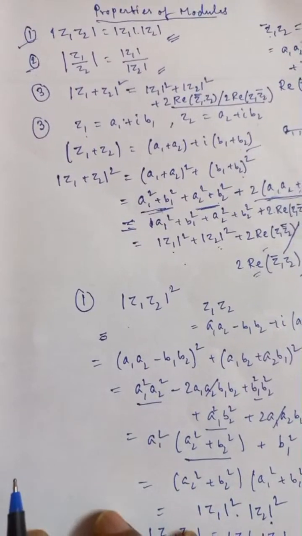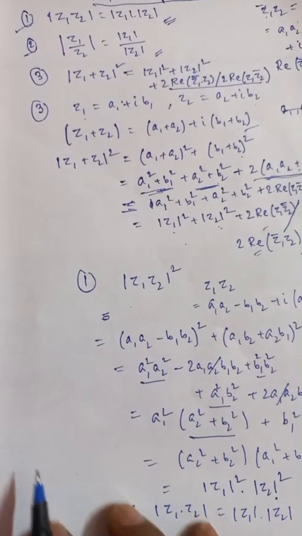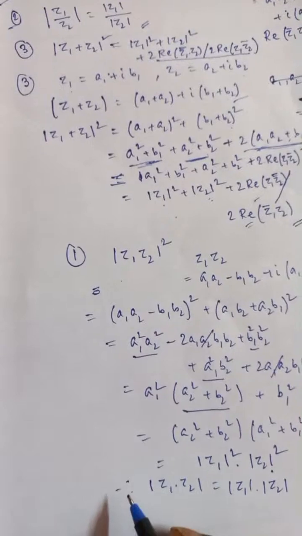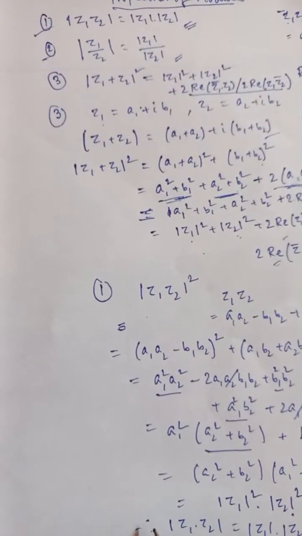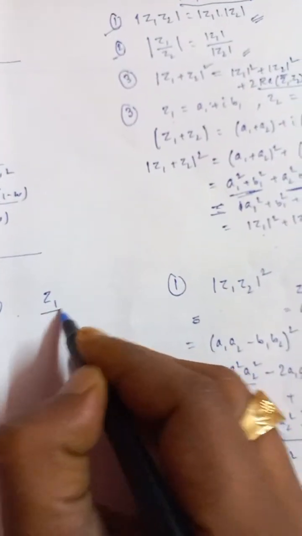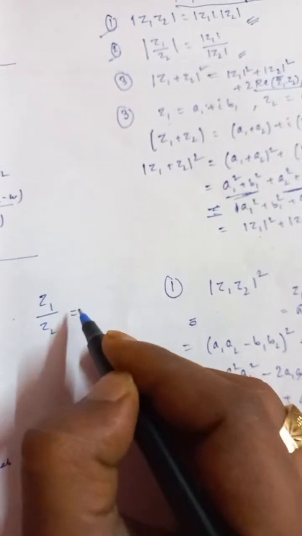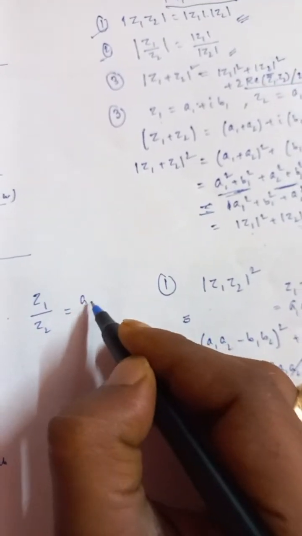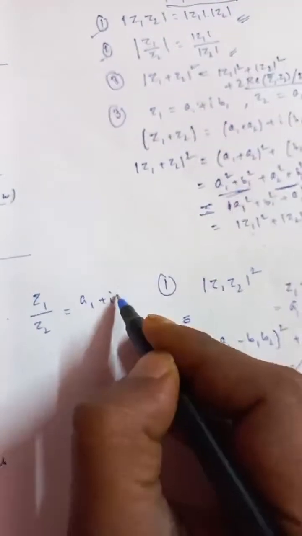Number 2 is somewhat hard, so I am trying to prove this. Here we have to first take z1 by z2. So z1 by z2, if we take, it will be a1 plus iota b1 over a2 plus iota b2.